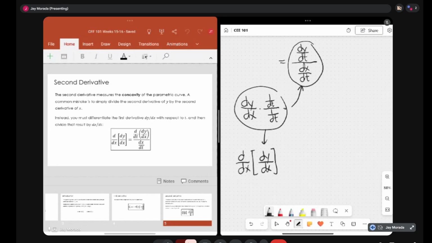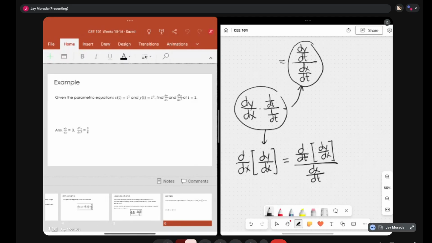So you also have to apply this. We have the derivative with respect to time of that over dx over dt. So those are just formulas. You still have to include examples.